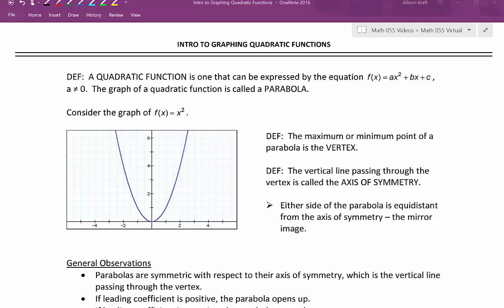Consider the graph of f of x equals x squared. The maximum or minimum point of a parabola is the vertex of the parabola. The vertex of our graph would be right here at the origin. The vertical line that passes through the vertex is called the axis of symmetry.